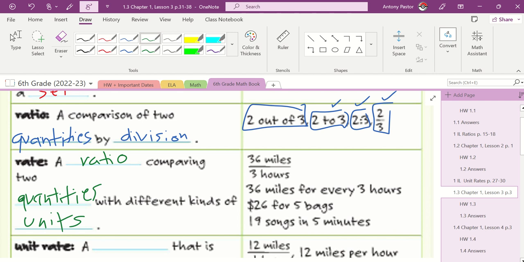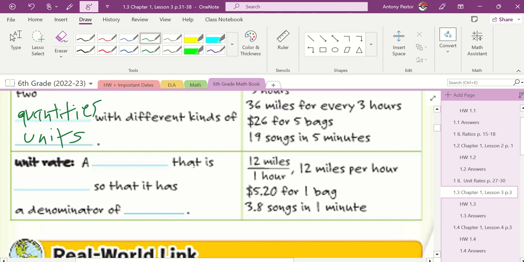That is a rate. A unit rate is when you figure out one. So a unit rate is a rate, if it will let me write, a rate that is simplified. Let me see if I can just write it with the mouse.